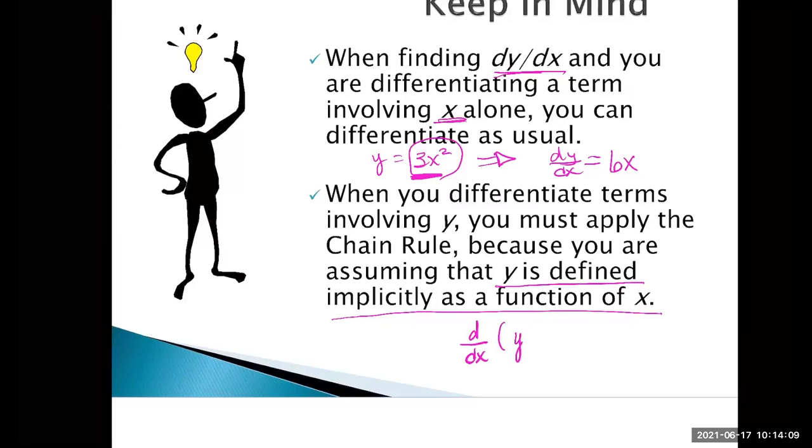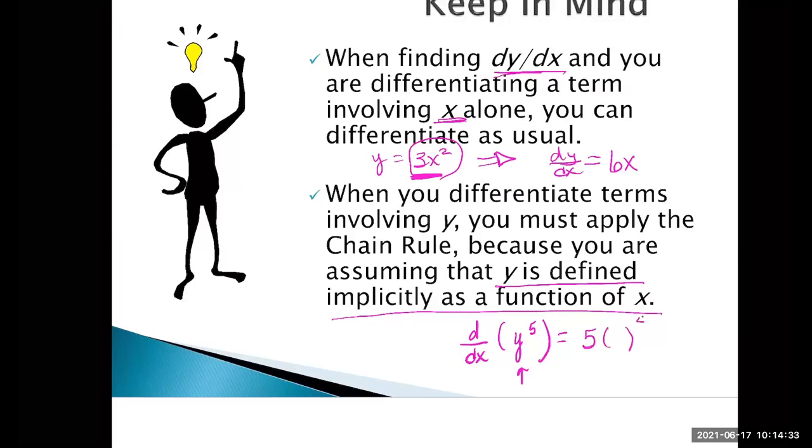If I find the derivative with respect to x of y to the fifth, I am going to use the chain rule because in this function, y is the inside function. Y is some function of x. So when I use the chain rule, I drop the 5 down, right?